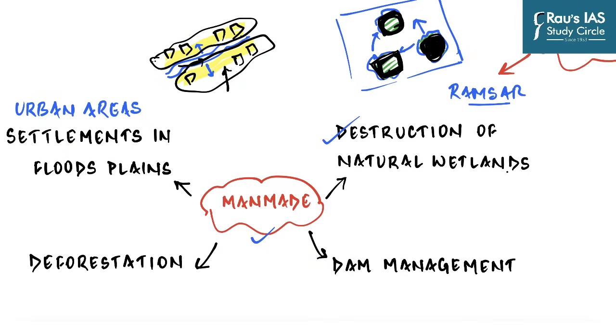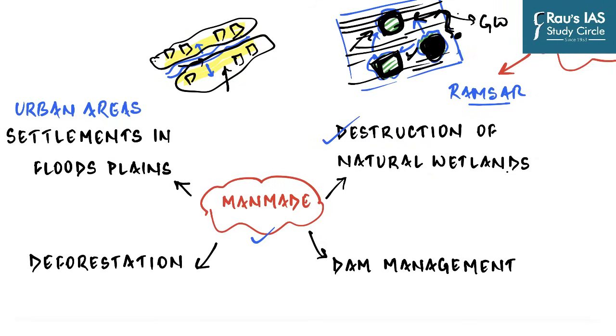And so now where does this extra flood water go? It has nowhere else to go in an urban area, and so that is now causing floods. Also, at the same time, we have concretized the whole structure. There is no soil in the urban areas, there are just roads and then there are buildings, and so the water cannot go downwards into groundwater, and so that is another factor which adds on to the cause of flood.